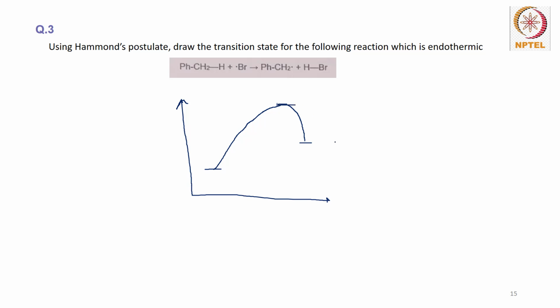The transition state will be closer to the product energy. As our product here is PhCH2 radical, the transition state will have some radical character.